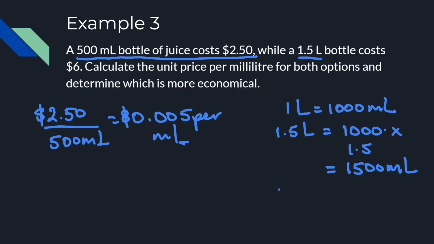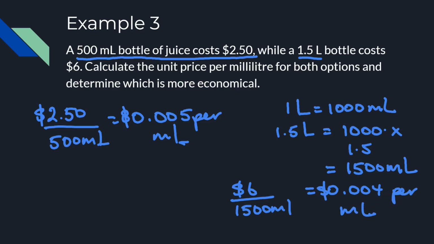Now, again, we just simply take the cost, which is $6, and divide it by the 1,500 ml. And we can get an answer of $0.004 per ml. And we can see that this would be the cheaper option to choose. This one would be more economical because we pay less per ml of this juice.